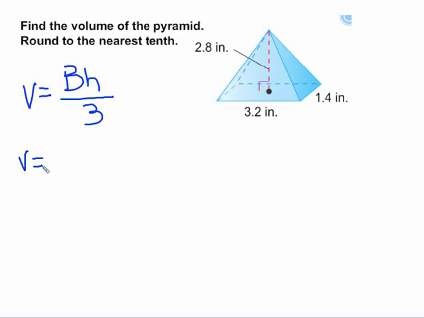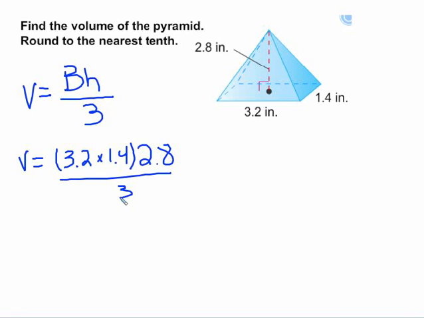Since I know that the base is 3.2 by 1.4 inches, to calculate the base area, that would be 3.2 multiplied by 1.4. And the height of the pyramid, as we said, is 2.8, divided by 3. So when I go to do my calculations, in the numerator I'm going to calculate 3.2 multiplied by 1.4 multiplied by 2.8.